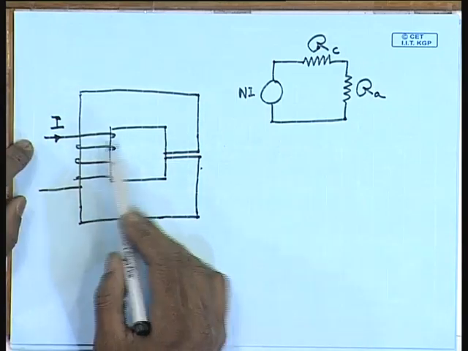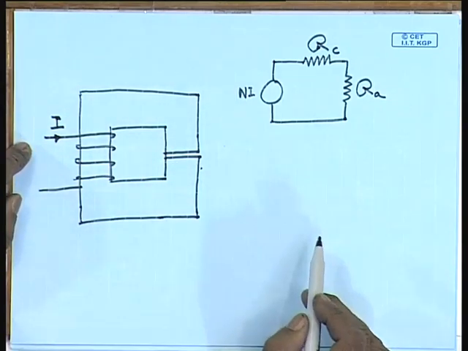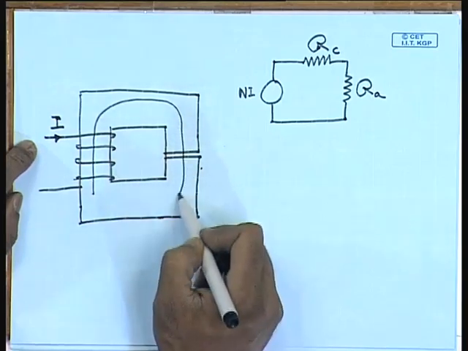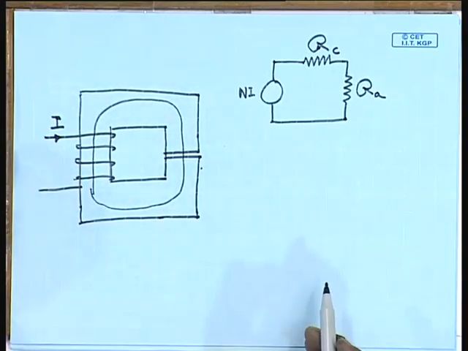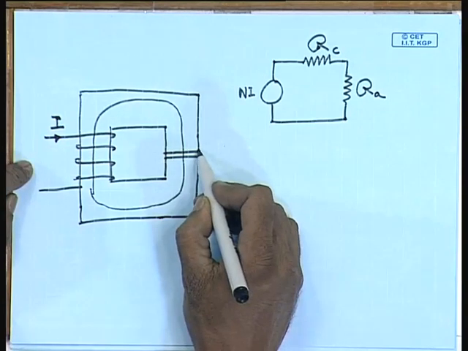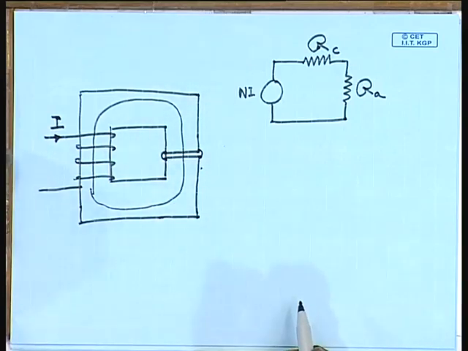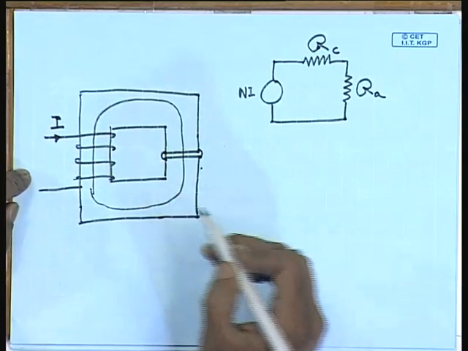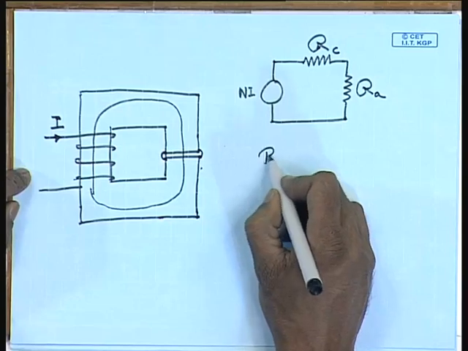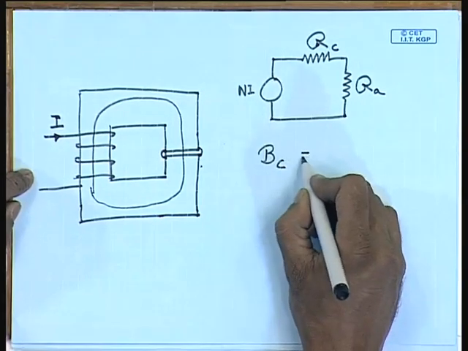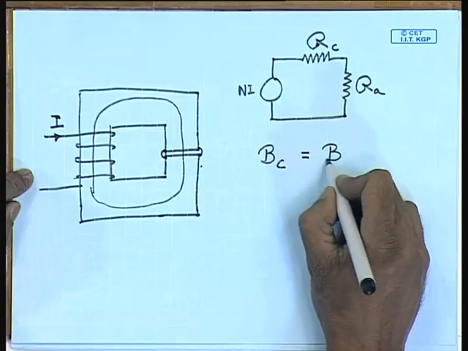Although the field intensity may be different, the total flux crossing the core material and the air gap are of course the same. If we neglect the fringing effect at the air gap, then the flux density in the core and the flux density in the air should also be the same.